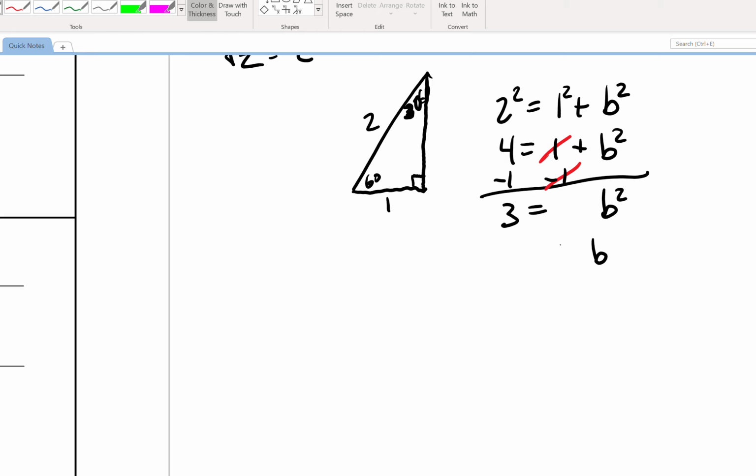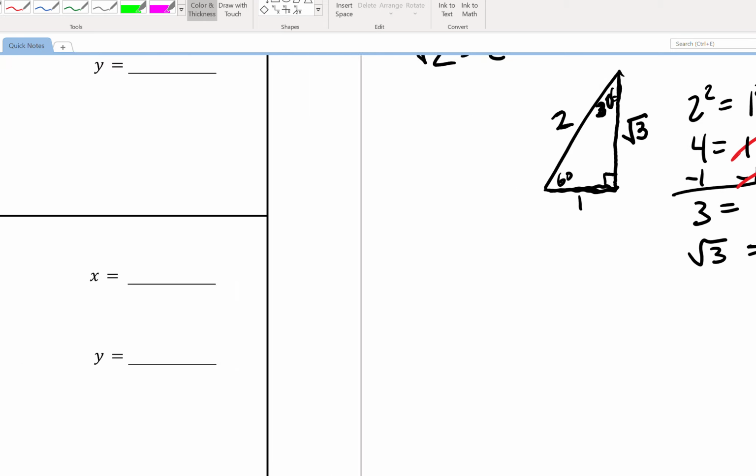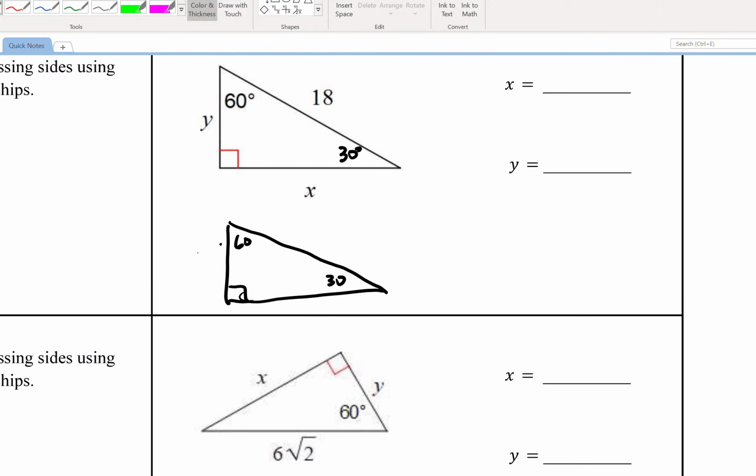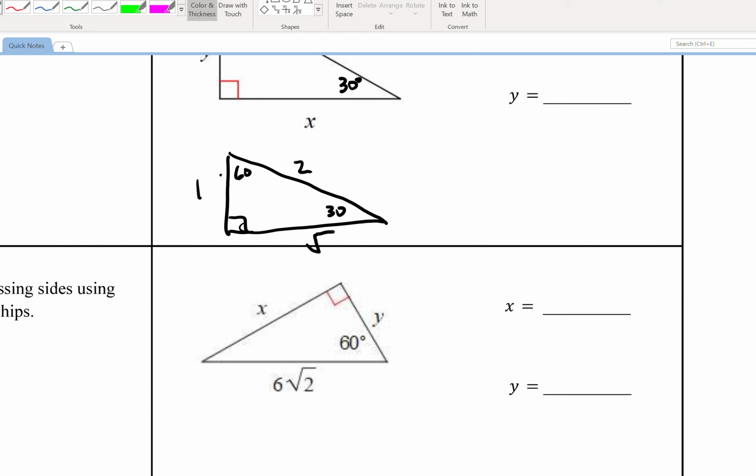And then b would be the square root of 3. You take the square root of both sides. So the longer leg is square root of 3, the shorter leg is 1, and the longest side is 2. So if we go back over here, this is 1, this is 2, and this is root 3.